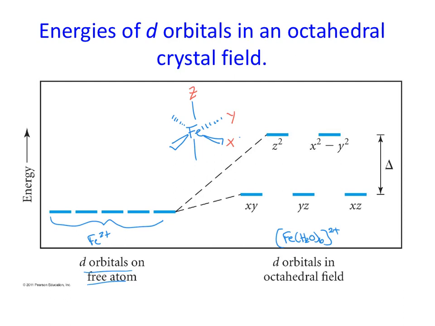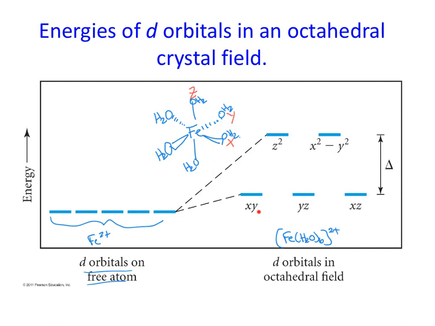I'll draw my aqua ligands, OH2, OH2, OH2, H2O, again emphasizing that oxygen is the donor atom. So all of the ligands come on the axis. So any d orbital on the metal center that is on the axis is pushed to higher energy equivalently. So my dz squared orbital and my dx squared minus y squared orbital end up at a higher energy. They're no longer degenerate with the three below.